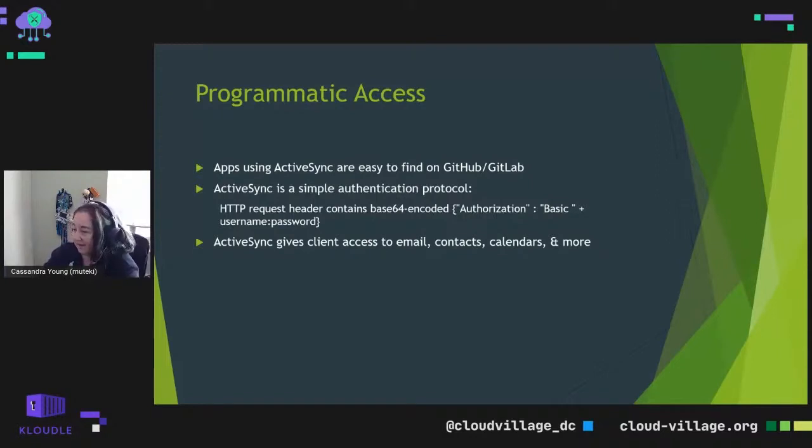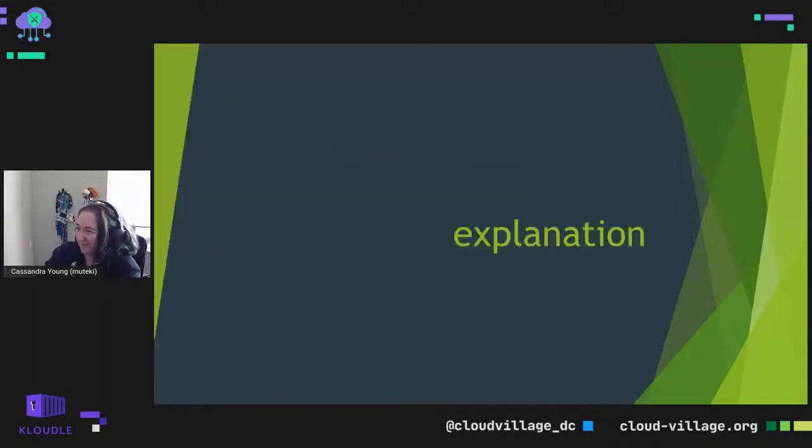In addition to that, Activesync gives clients access to email, contacts, calendars, and other things, not just email, but it also has no ability to enforce authorization aside from that initial authentication. So it essentially grants access to everything, which is why it can be such a lucrative exploit if you would like it to be, or why you should be a little nervous if you don't want it to be.